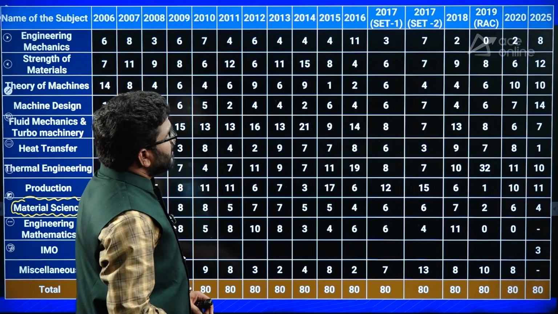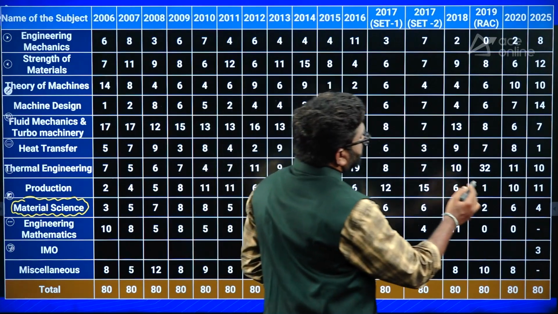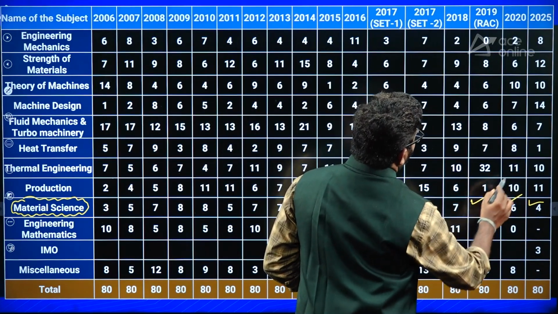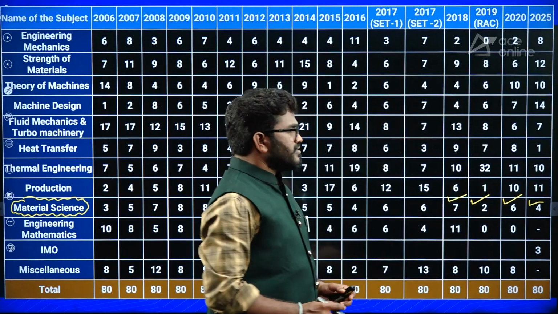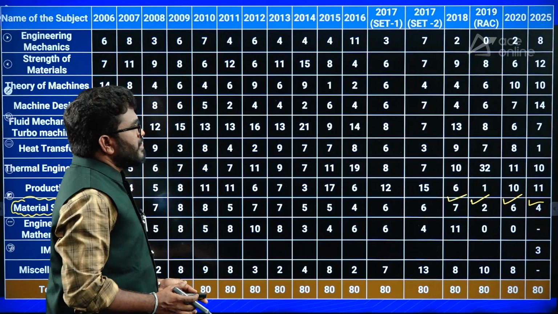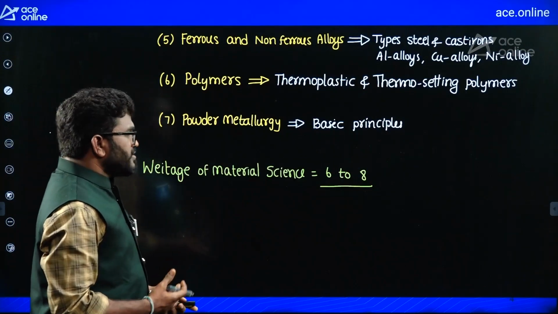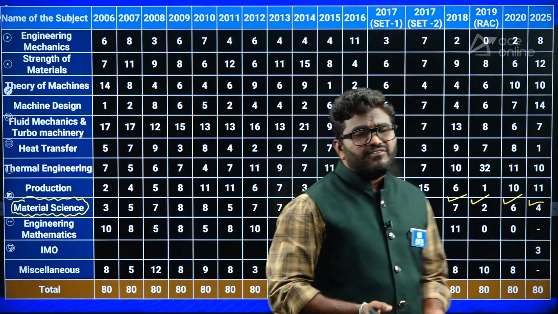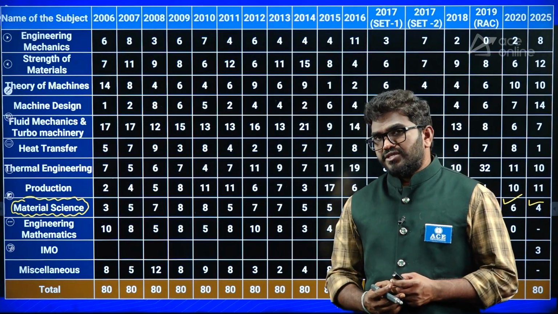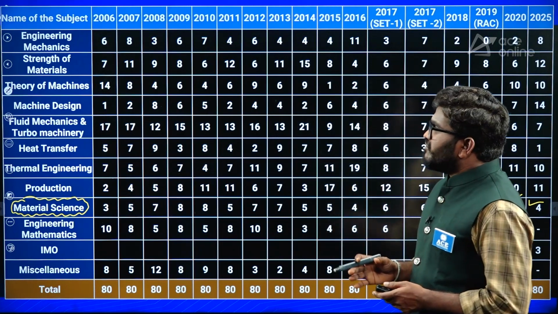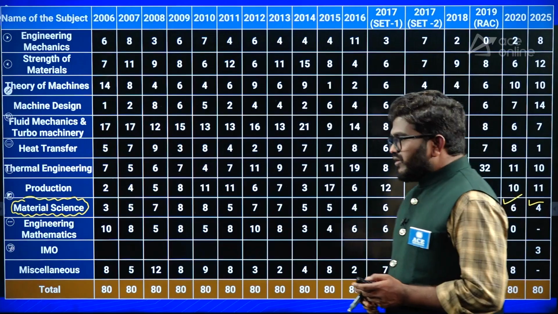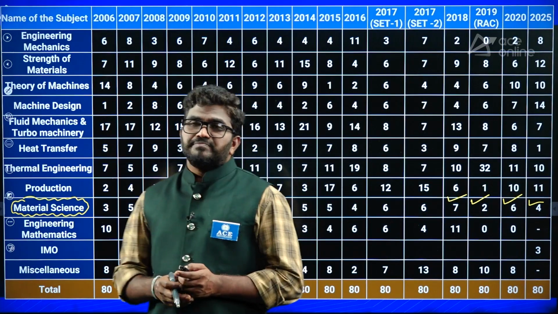In 2025, some 4 questions; 26 questions; 19, 2 questions; 18, 7 questions. Like that it is random. So on average 6 to 8 questions, maximum 8, they will not go beyond that. Sometimes minimum 4 questions also they will ask you. This is the weightage related to material science.